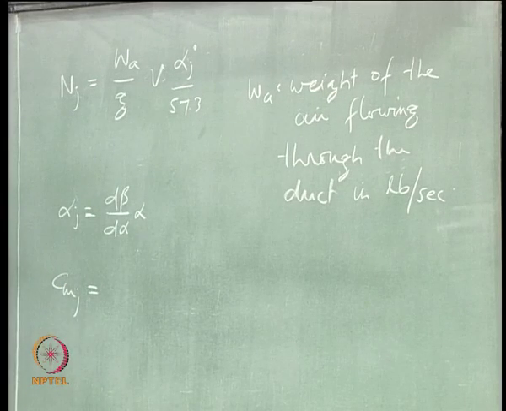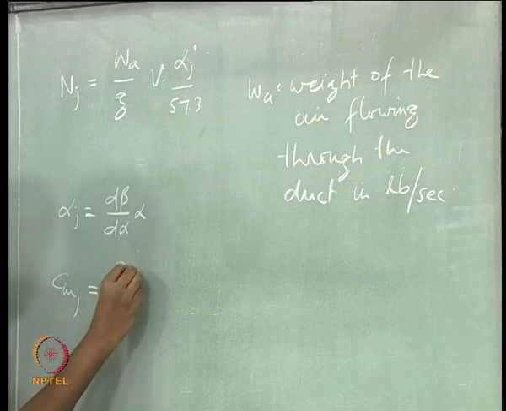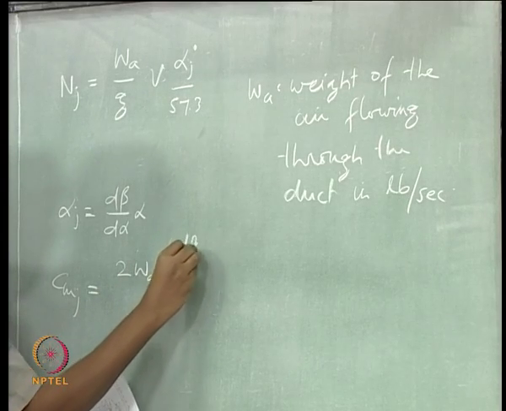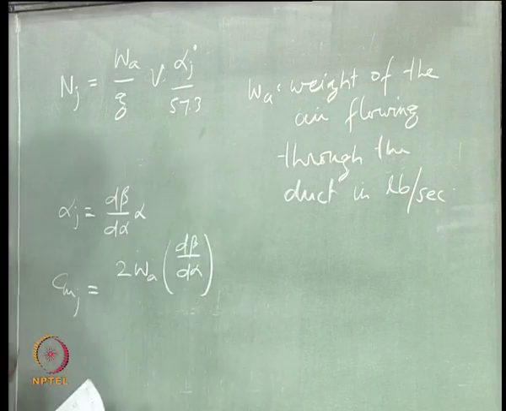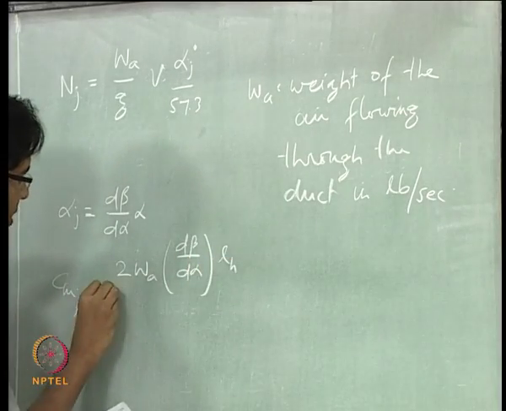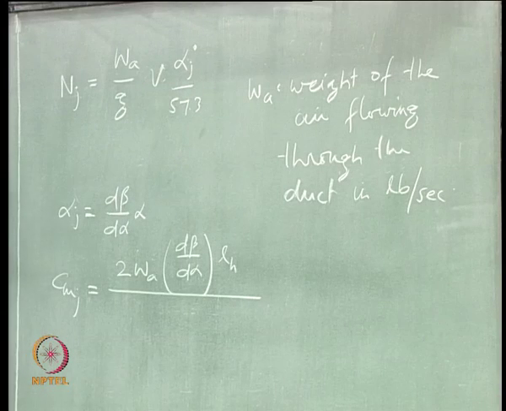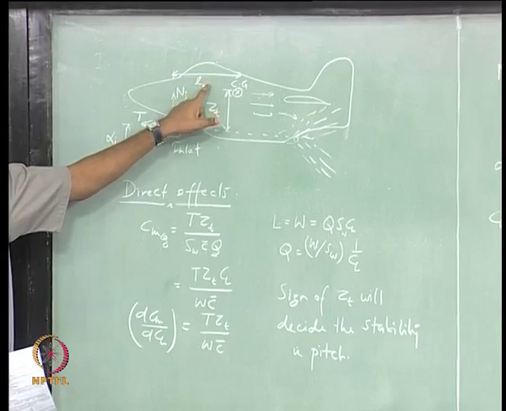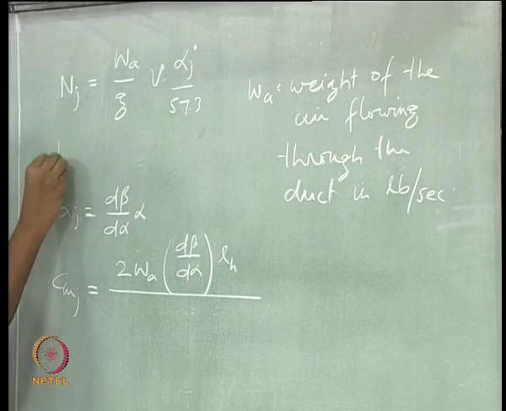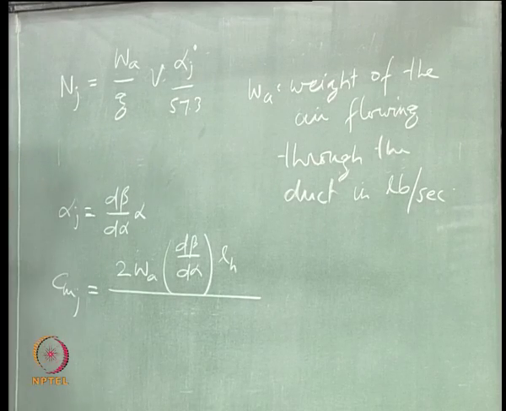So in terms of this, now CMJ is, so moment about CG due to this force is Nj into Ln, right, and that is a positive moment. Okay.